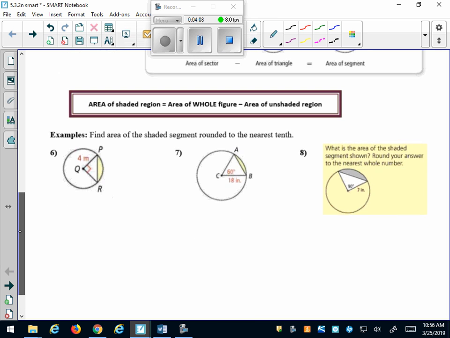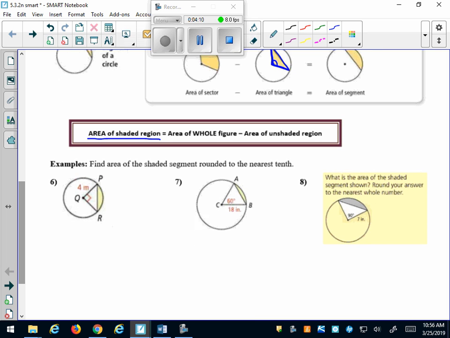Okay, so area of a shaded region. This is like in general. Remember we talked about, you've done shaded region before, like, you know, there's a swimming pool and there's a sidewalk around it, and what's the area of the sidewalk? Or there's a frame around a picture. You've done this before, right? What did you always do to find the shaded region?